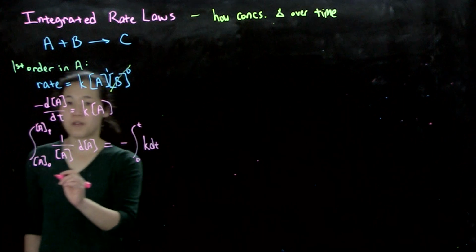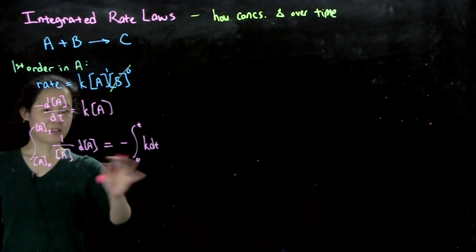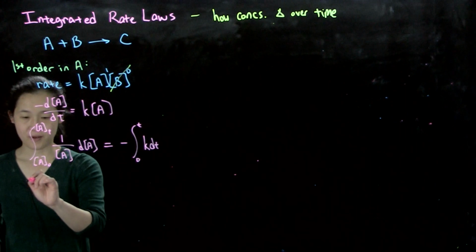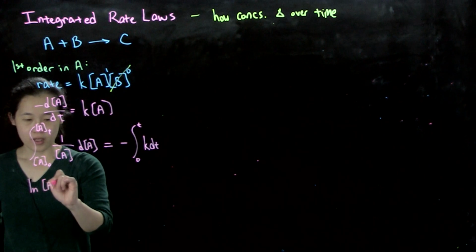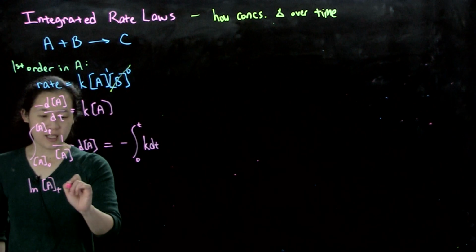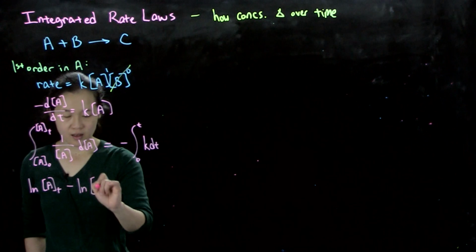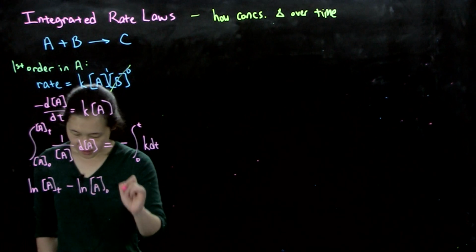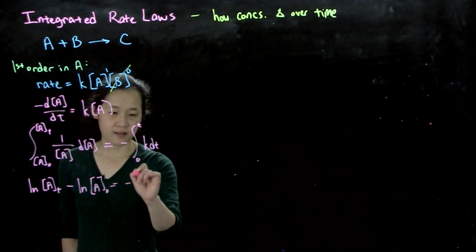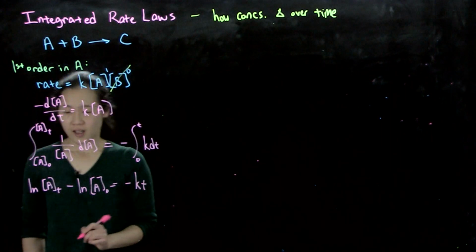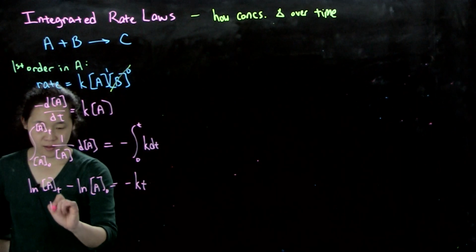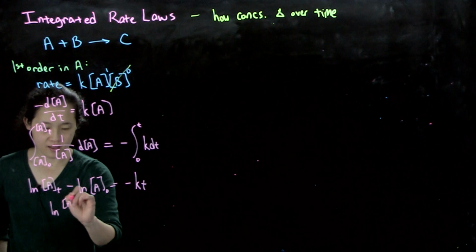And then if we solve this integral, which I'm sure all of you are better at doing than I am, we have natural log A at time t minus natural log A at time 0 is equal to negative kt. And there, finally, we get to move our logs around.